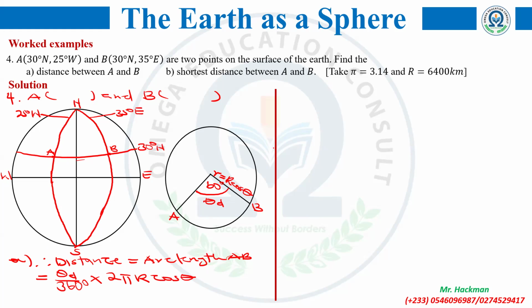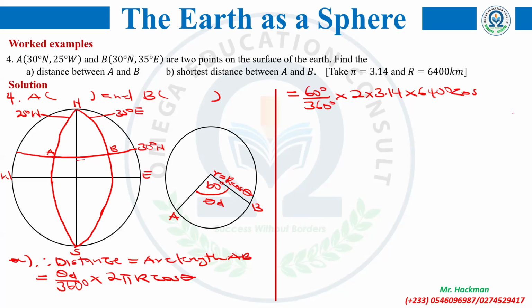All right. So at this point, this is what we are going to do. The arc length will be equal to theta sub d, which we agreed is 60 degrees, over 360 degrees, times 2 times pi, which is 3.14, use the one that is given, then times R, which is 6,400, then cos theta.